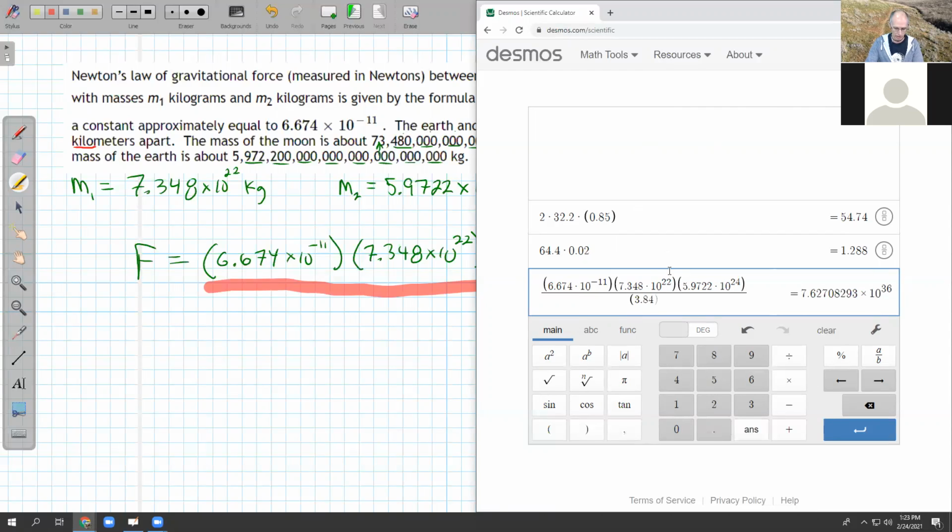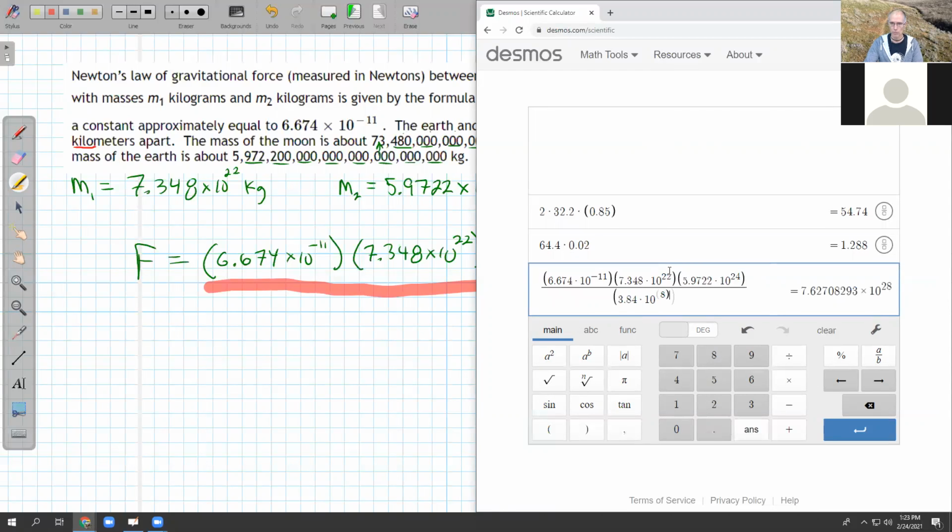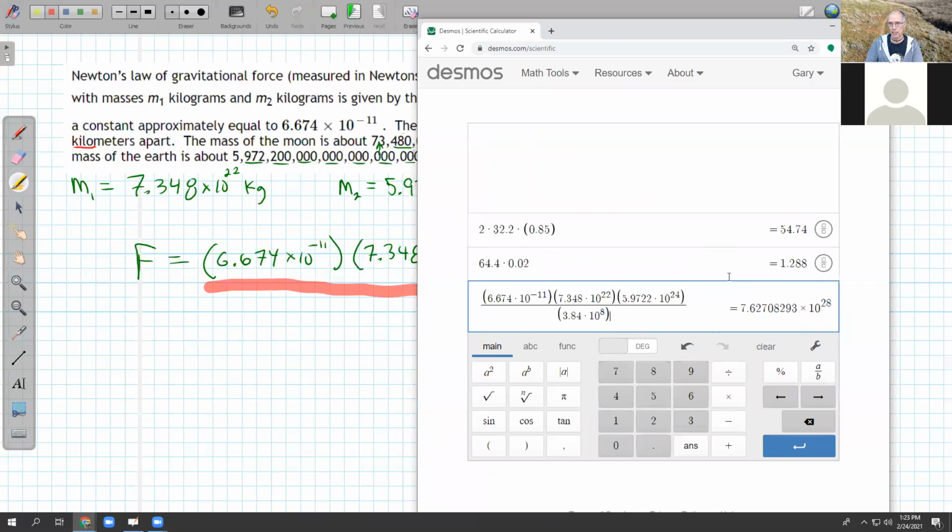4 in the denominator, and to the 1, 2, 3, 4, 5, 6, 7, 8. Is that right? I think so. I think I have that typed right. 3.84 times 10 to the 8th. Okay, so if I typed it right, I get 7.6270.